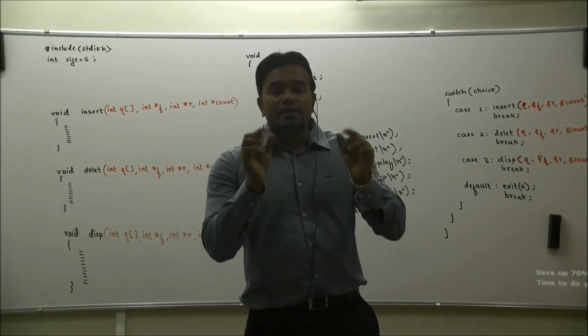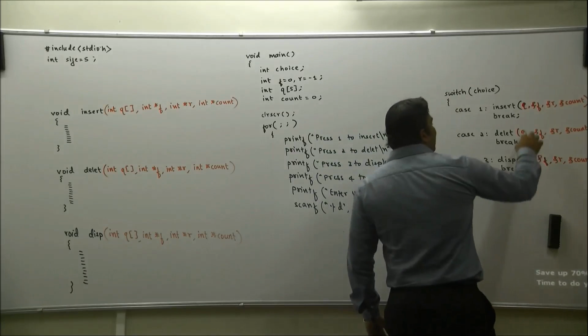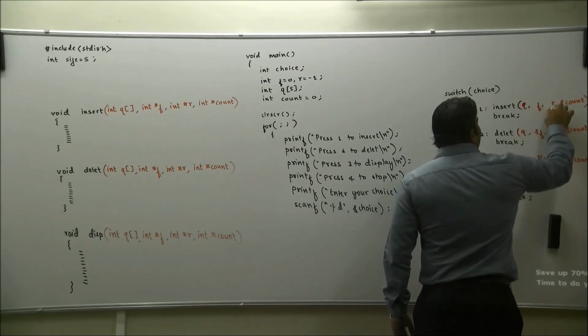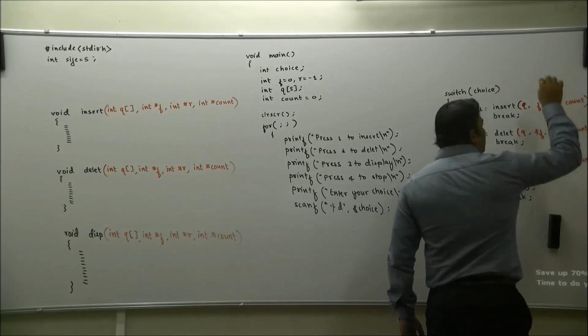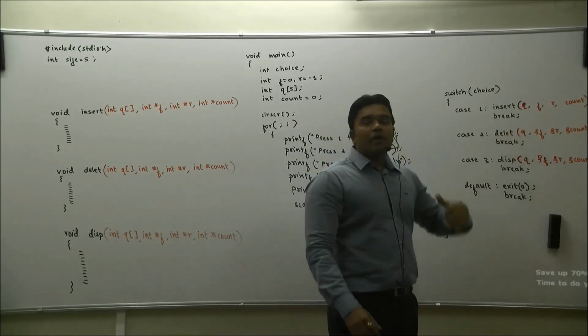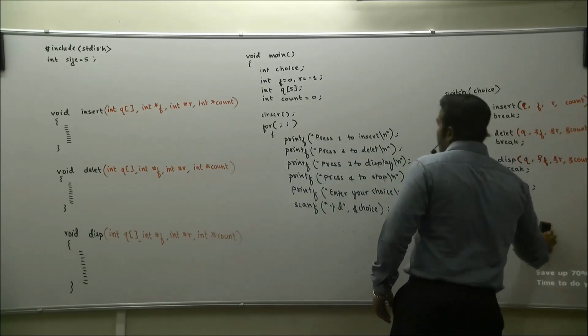Tell it. Listen. If in case foolishly I will not pass by reference, I will just tell f r count, assume. Foolishly I will only pass f r and count. In which case, after all, they are all normal variables.